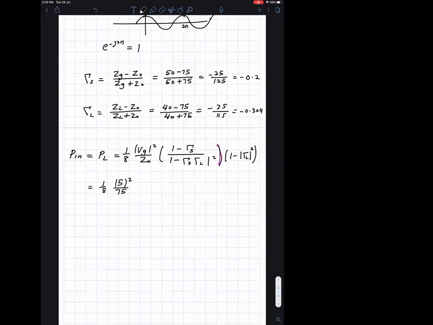One minus 0.2, 1 minus 0.2 minus 0.304, all that squared.